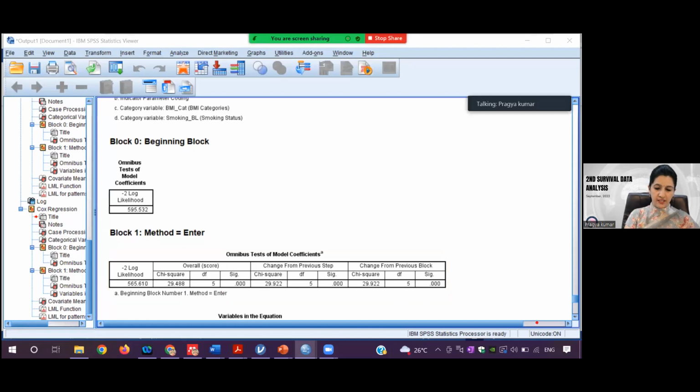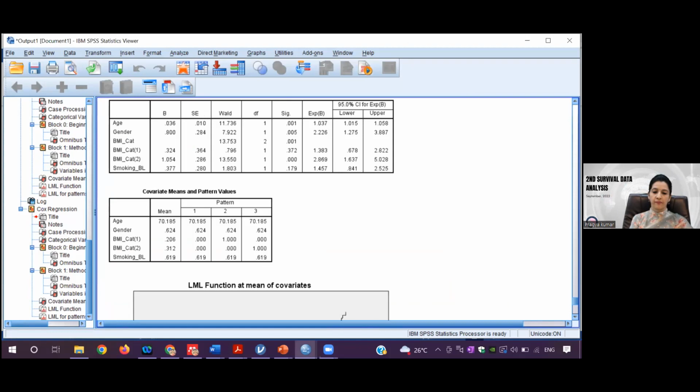But if this tells you that this is significant, then we say that whatever variables we have kept are carrying an important role in our model prediction. Okay. So then I'll go to the variables in the equation.